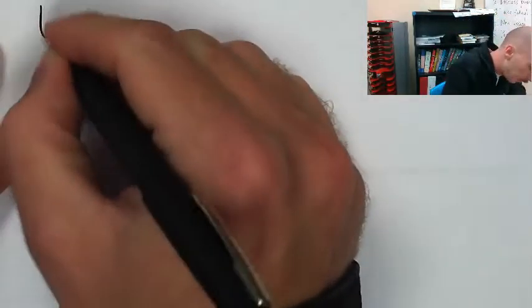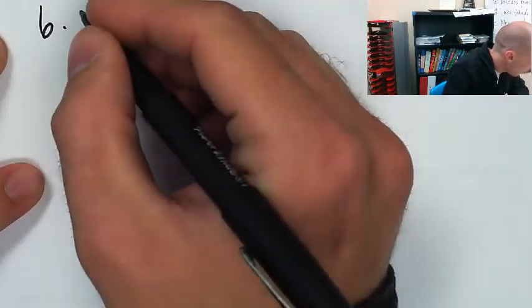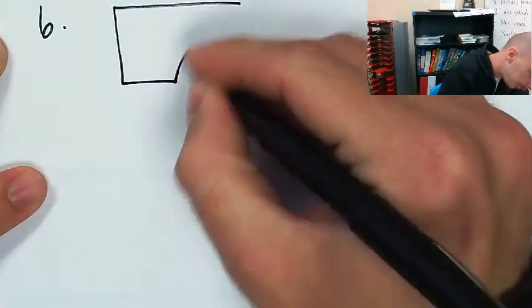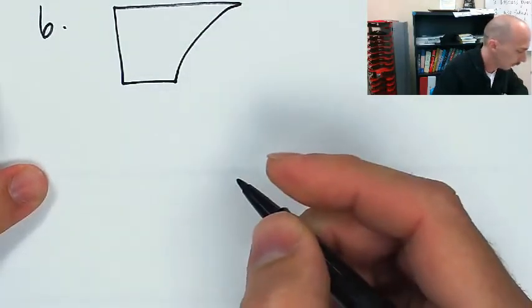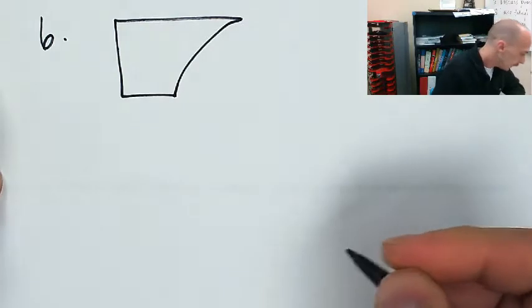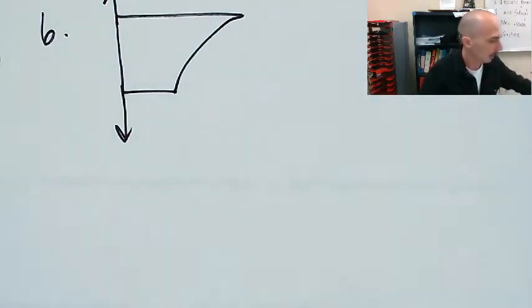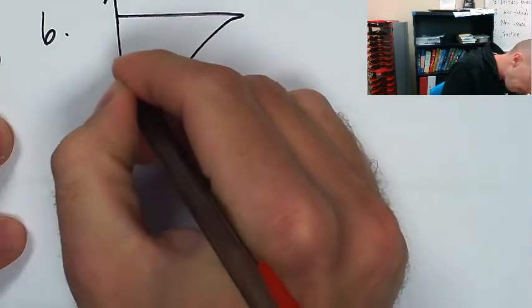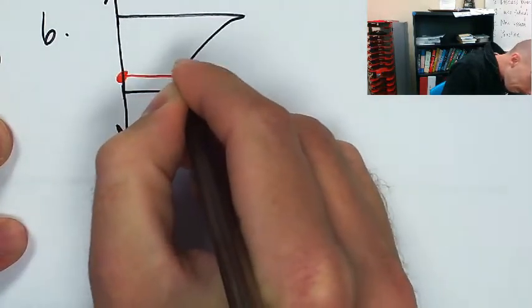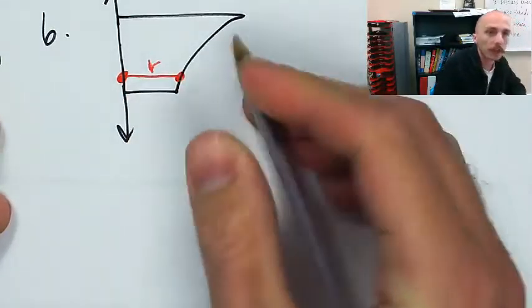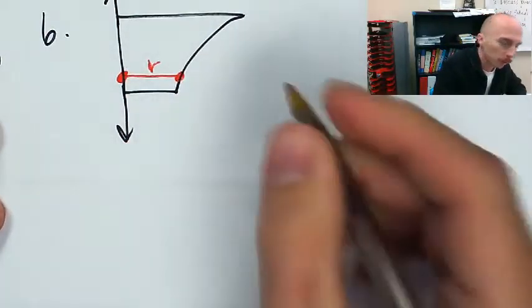I'll be able to do it on this page. So 6 is A, which looks like this. It's good enough. Around the y-axis, so I like to draw in my axis of rotation for emphasis, and then I'll be going over here, writing down my radius. Notice it's always the same thing on the right and the same thing on the left.